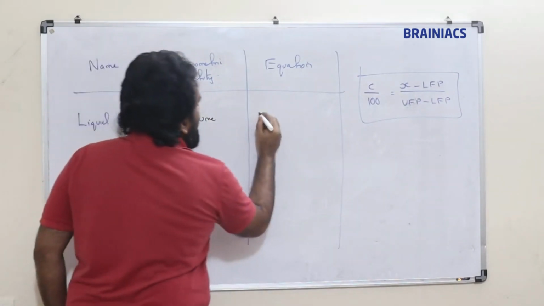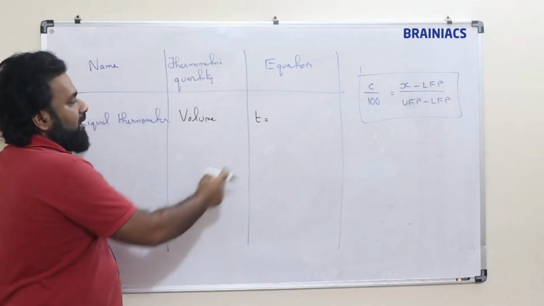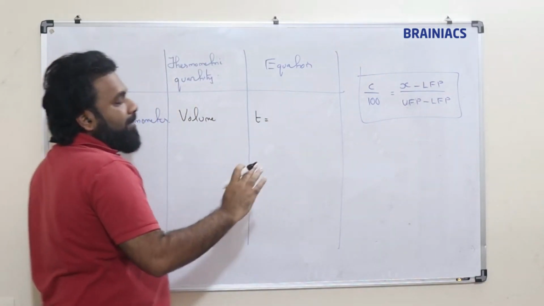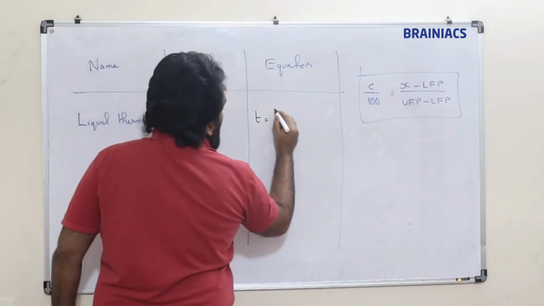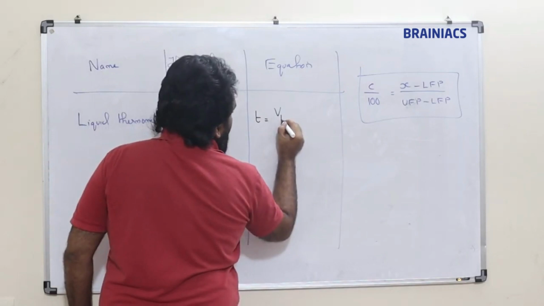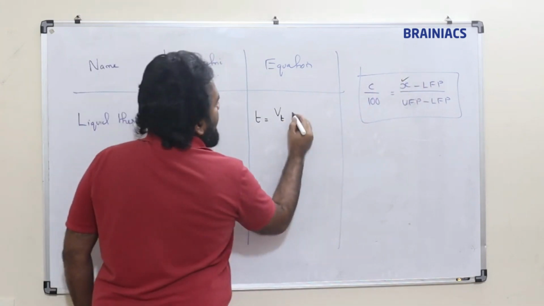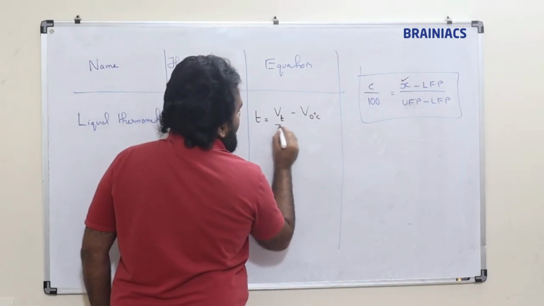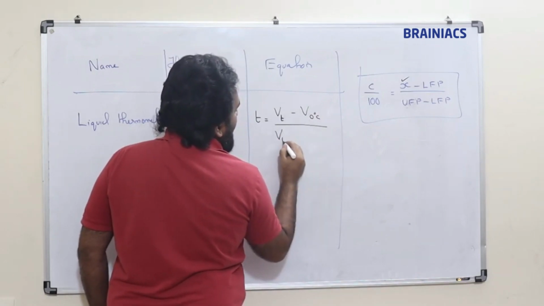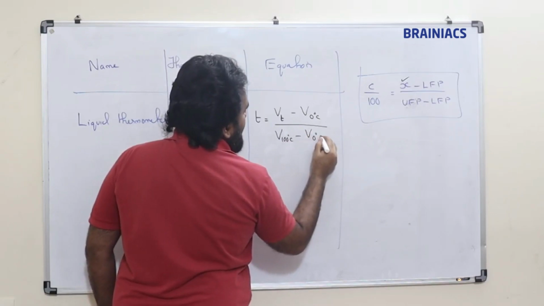Okay, so here if we need to find the temperature, temperature T is equal to volume at that particular temperature, which we do not know, minus volume at 0 degree Celsius, divided by volume at 100 degree Celsius minus volume at 0 degree Celsius.